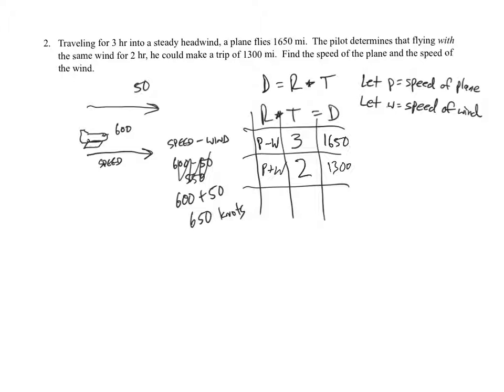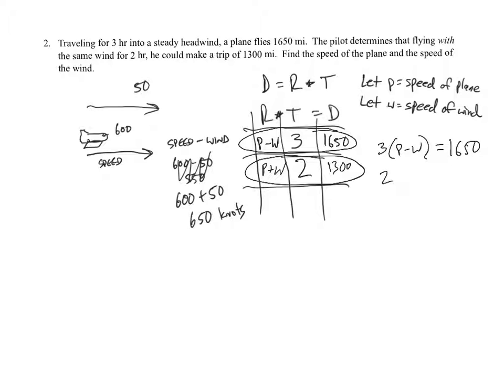All right, and so now what we need to figure out is we have a system of two equations. This is the first equation, and this is the second equation. The way you would write that out is 3 times (P minus W) equals 1650, because rate times time equals distance.